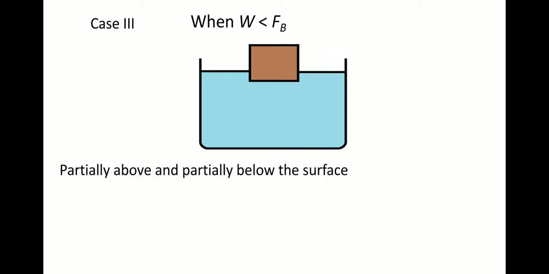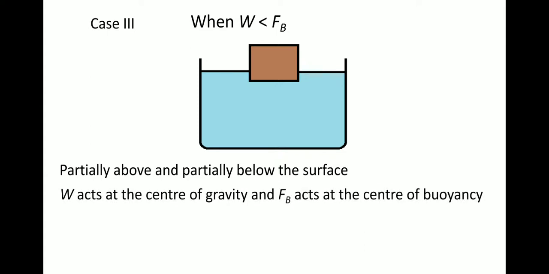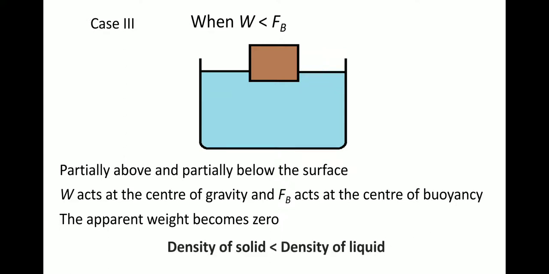Weight W will act at the center of gravity and the upthrust will act at the center of buoyancy, and the apparent weight in this case also becomes 0. The density of the solid must be less than the density of the liquid in order to float. So these were the three cases that we had already discussed in the previous class.